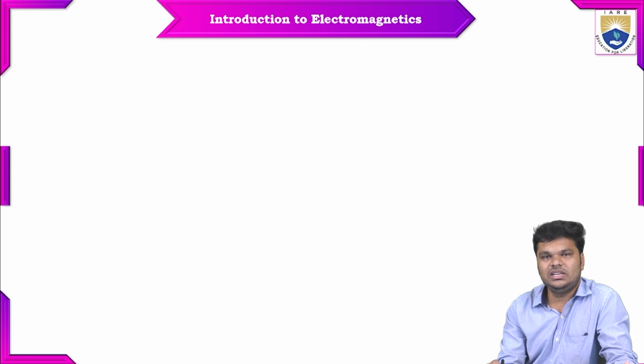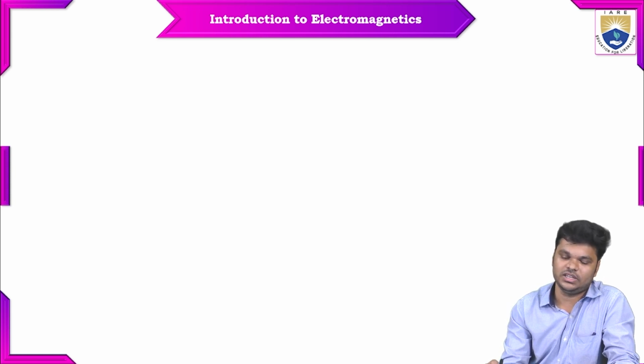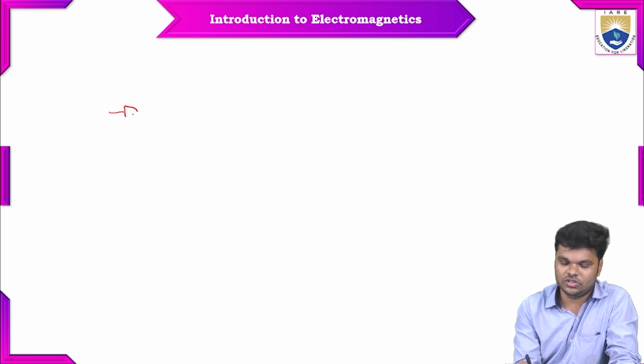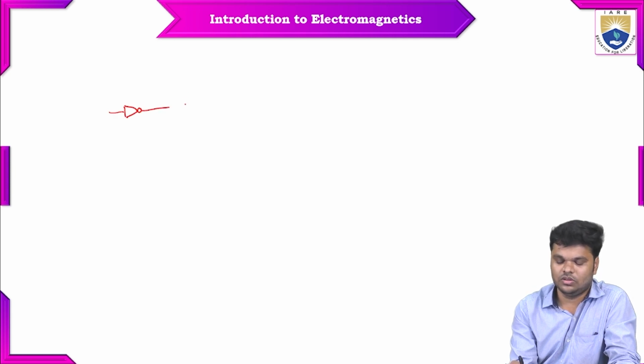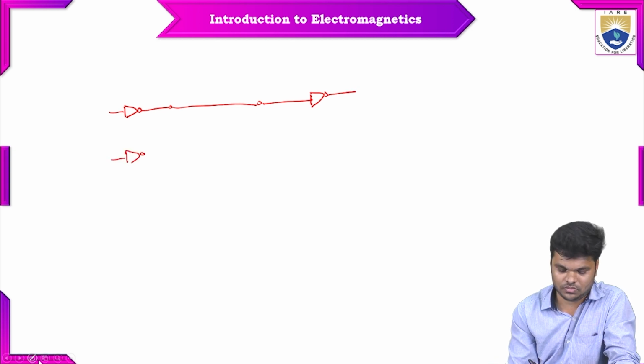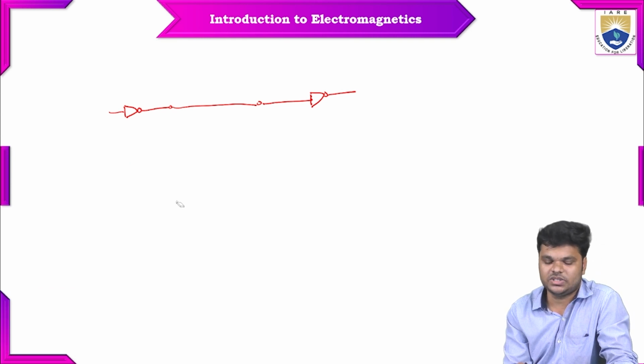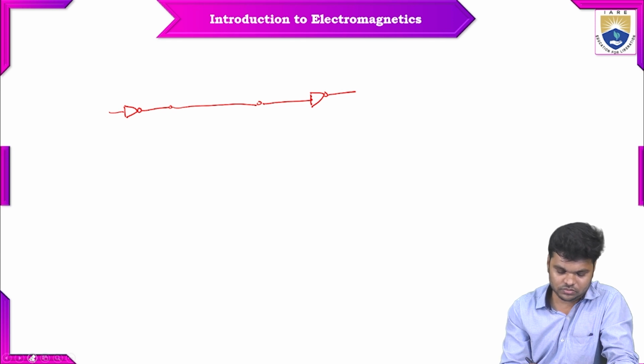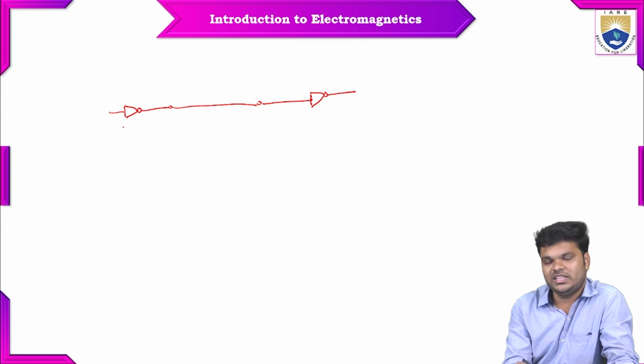They contain millions and billions of logic gates, and these logic gates have switching times, right? Let's consider that the logic gate has a switching time in hundreds of picoseconds.